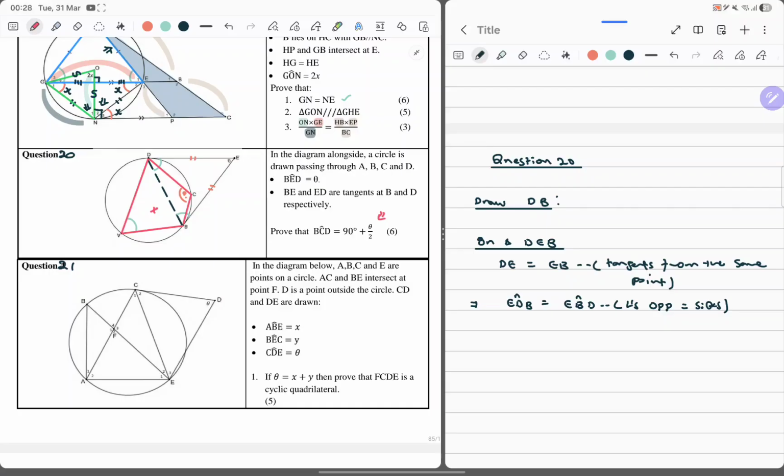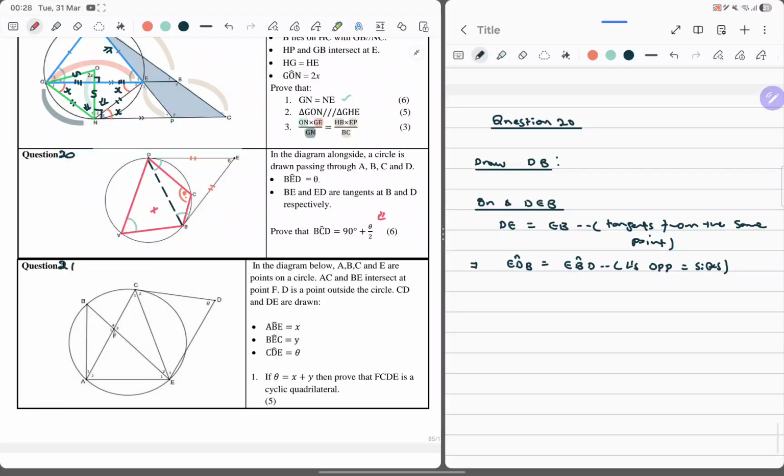Now, what do we want to say? We are going to say also, we know that EDB plus EBD plus angle E should give us 180 degrees. This is the sum of 3 angles of a triangle.